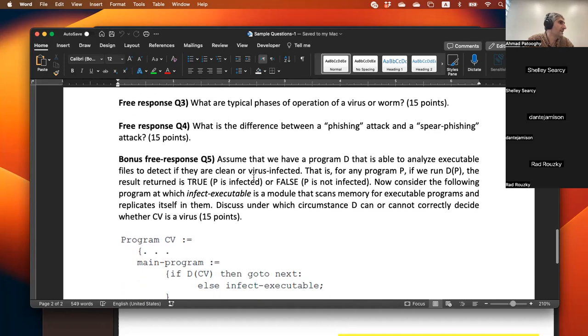Okay, and the last question here, multiple choice 4: what is the difference between phishing and spear phishing? We talked about it in the class. Phishing, in short, is sent to a community of recipients or potential victims blindly, meaning that if I'm the attacker, I send it to a group of people.